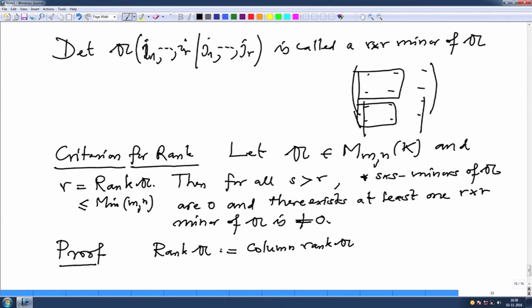That is the maximum number of columns which are linearly independent. And we have proved, by going to the transpose, that this is the same as the row rank. So, use this fact to check this. This is very easy to check.